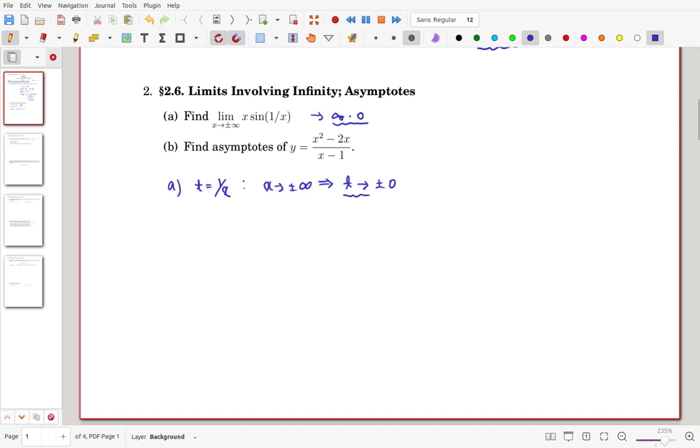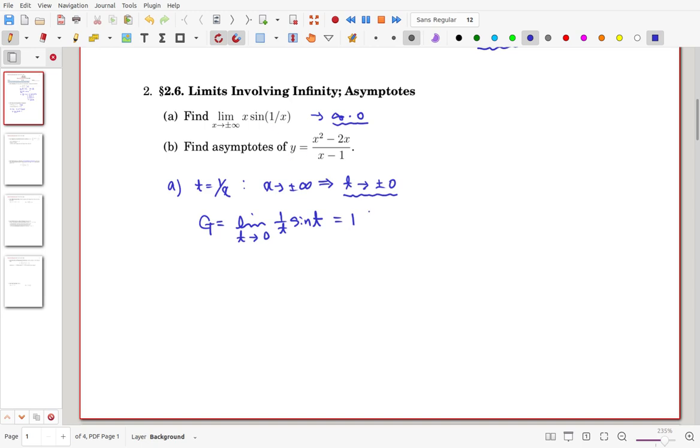So we can say that t approaches 0. Here, the given expression changes into the limit as t approaches 0, where x will be 1 over t, and sine of 1 over x will be sine of t. We already know that sine t over t as t approaches 0 is 1. So 1 is the final answer for the problem. That means the limit is 1.